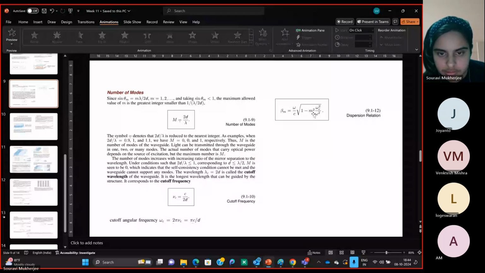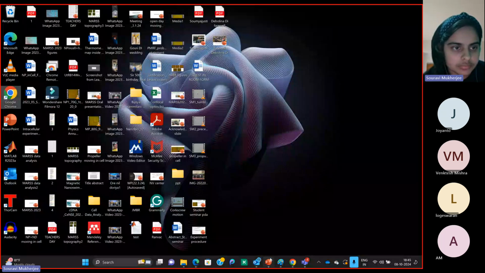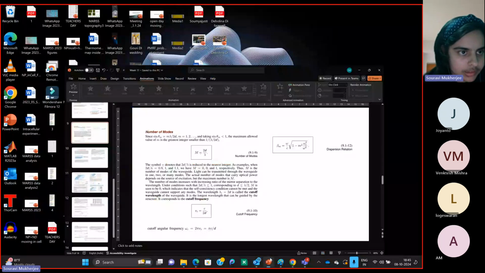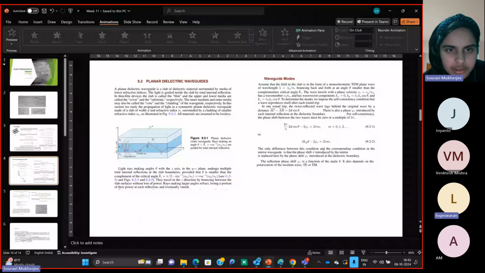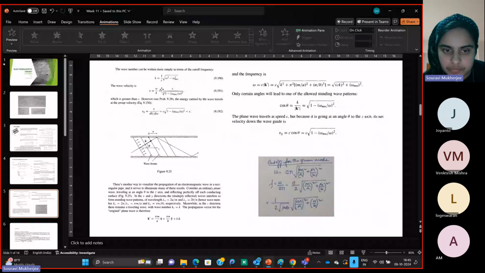But now when you talk about wave impedance, basically these are all along the same lines. One second, I'll show you the relation maybe. See, the wave velocity is reduced by this relation inside the waveguide.